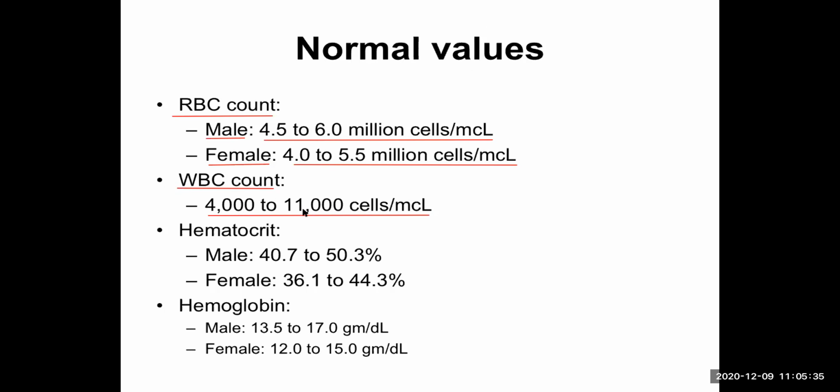So 4,000 to 10,000 or 11,000 cells per microliter is the WBC count. If WBC count is less than 4,000, we call that leukopenia. And if it is more than 11,000, we call that leukocytosis. So let me write those terms here for you. Leukopenia and leukocytosis. Okay.